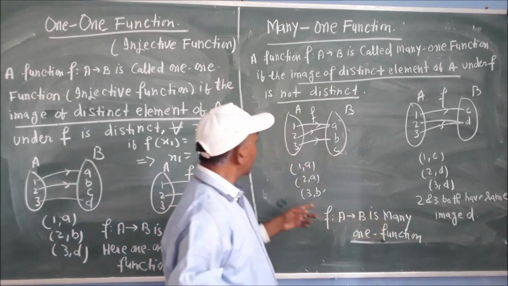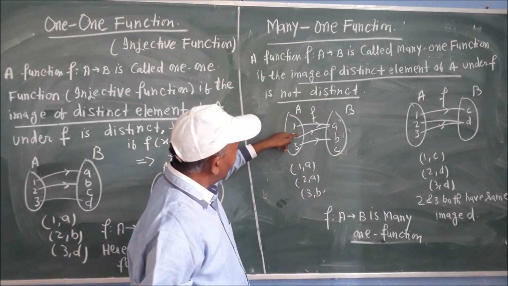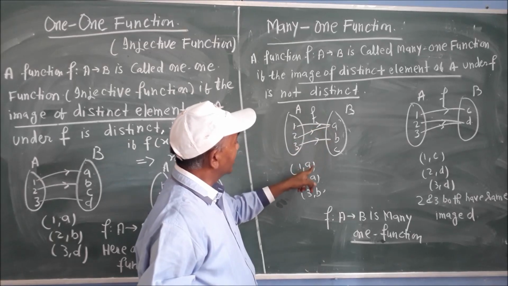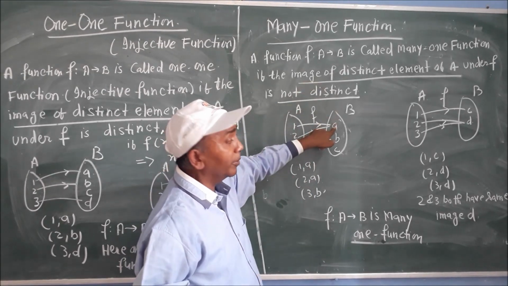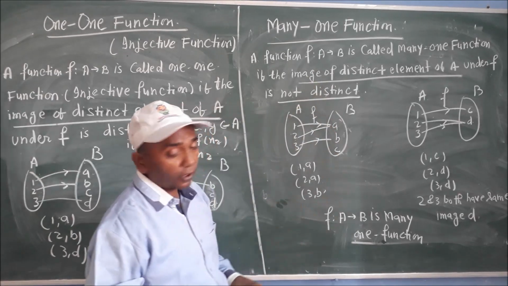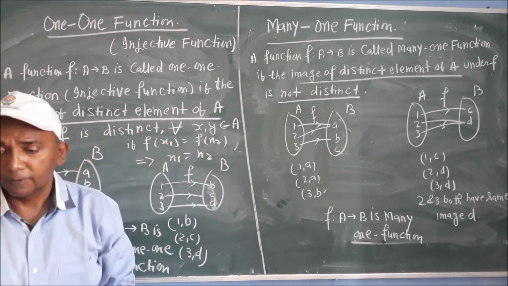Why many-one? Because some elements of A have the same image in B. So this is an example of a many-one function.